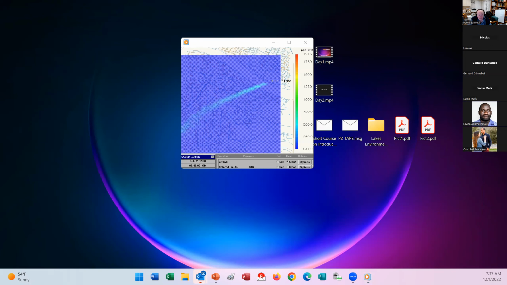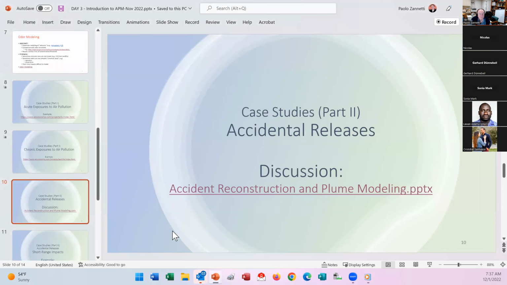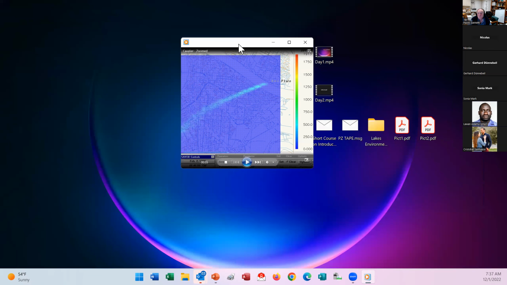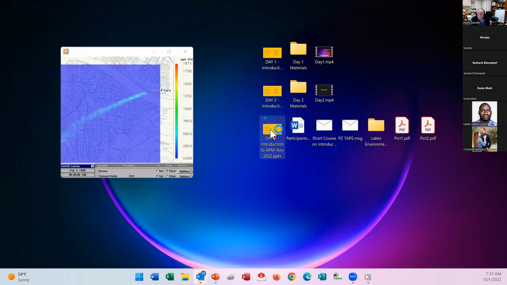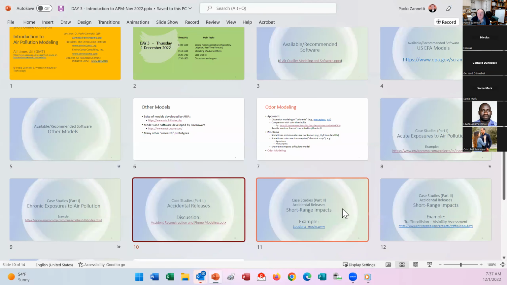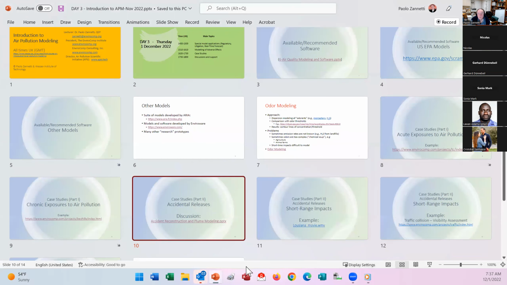In this case, it is a must to use a particle model.